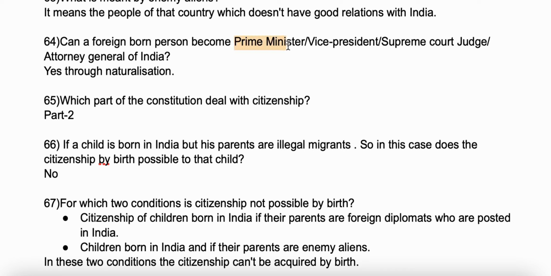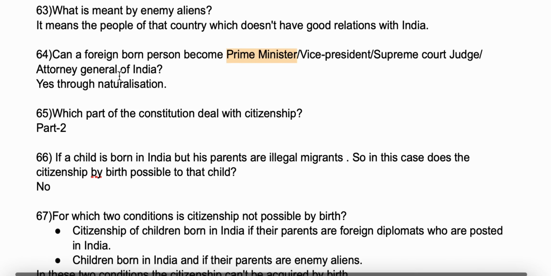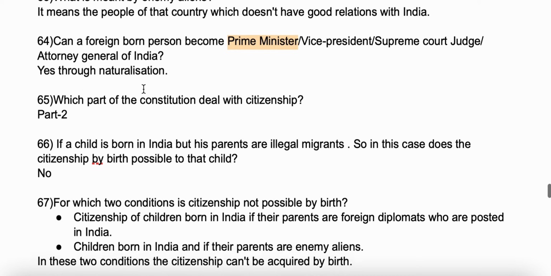Prime Minister Indira Gandhi has become an Indian citizen through naturalization. Okay, so not only Prime Minister, even Vice President, Supreme Court Judge, Attorney General who are foreign born can also be in these positions through naturalization.